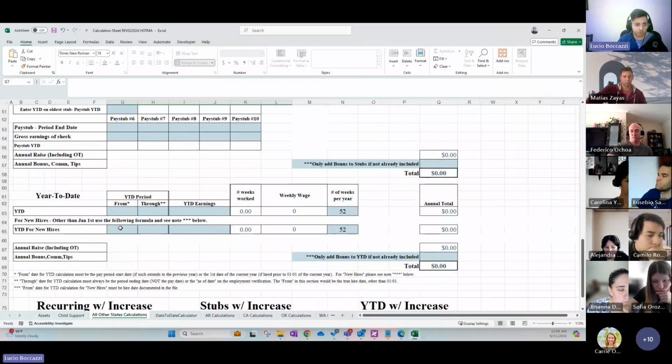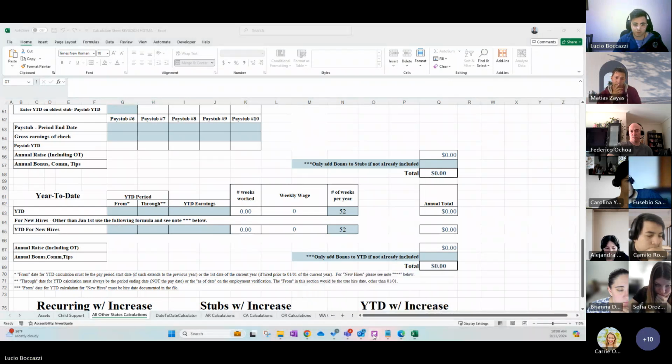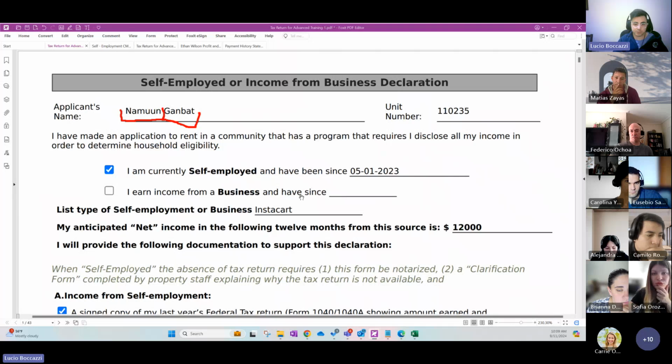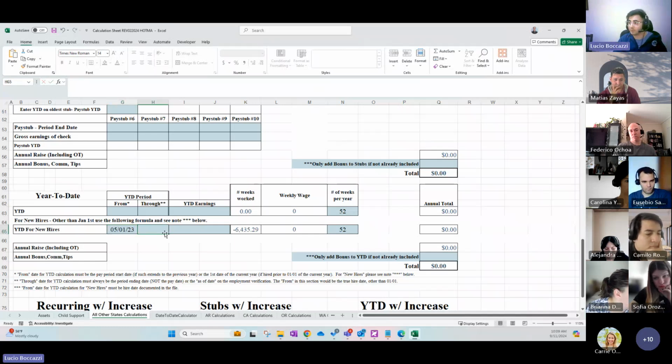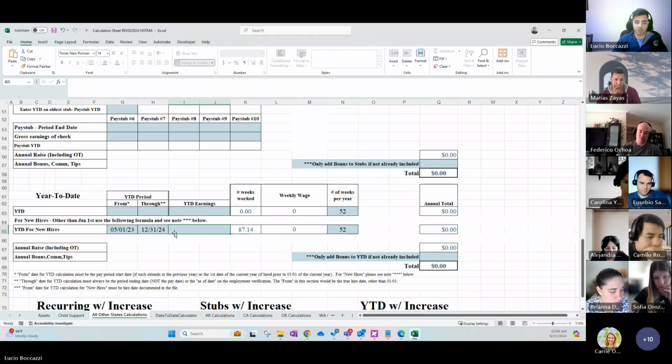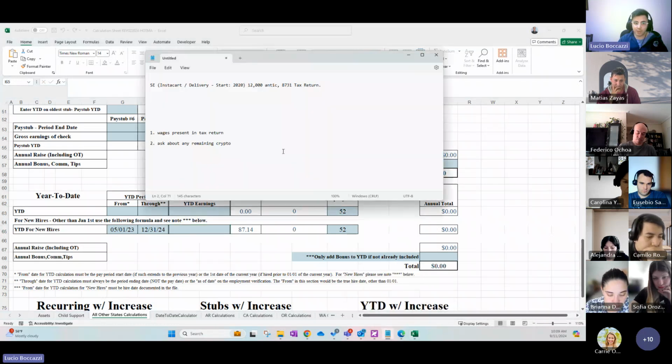As the from date, we're going to use the start date that we have in the self-employment declaration, that is May 1st, 2023. And the end date will be the last day of the year 2023, which is December 31st. Then in the year-to-date earnings, we add the amount that we actually got from the tax return.